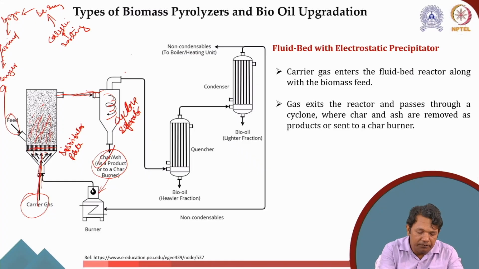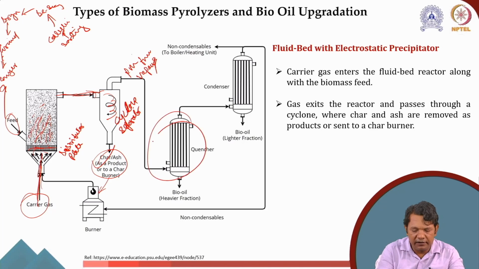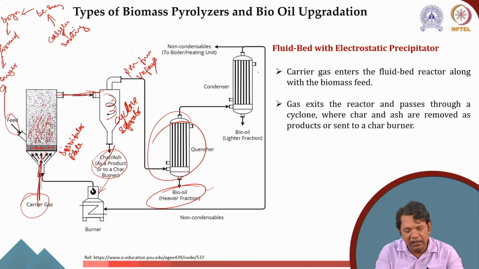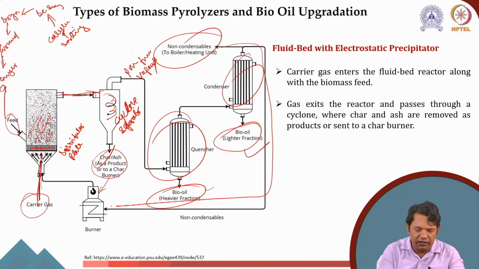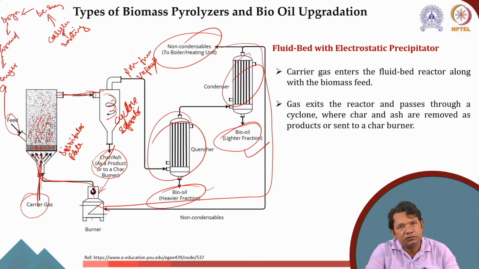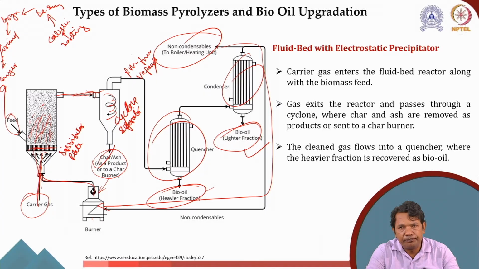The particulate matter free vapors will go to condensation where you will get the bio oil, which is a heavier fraction, and then again we can put a second condenser, where we get the bio oil which is a lighter fraction. Then we get the non-condensable gases, some part of which can be sent to a burner here, that can be burned to provide the heat energy to the fluidized bed pyrolyzer. Okay, so this is a typical flow.